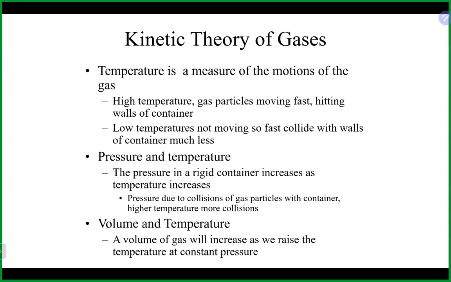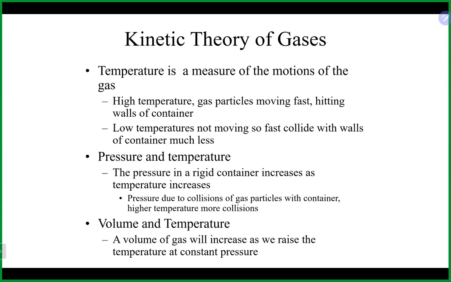And obviously, that will have a direct effect on the pressure, especially if we are in a rigid container where the volume will not move or adjust for the increase or decrease in temperature. So remember, at constant volume, which is Gay-Lussac's law, as we increase the temperature, we would expect an increase in the pressure as we would have more collisions. As we decrease the temperature, we expect fewer collisions and the pressure to come down.